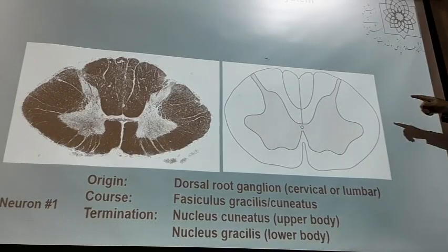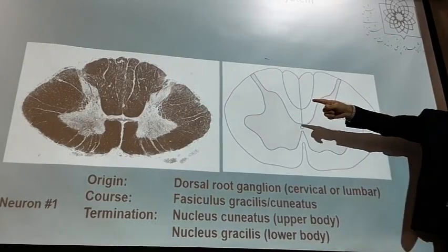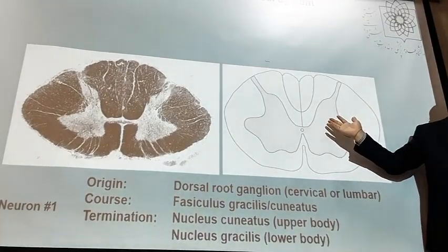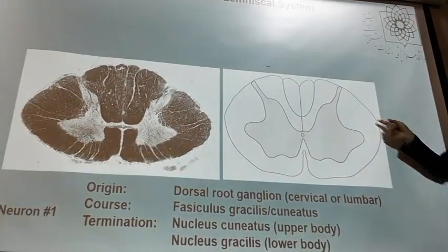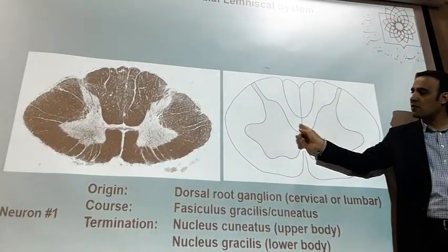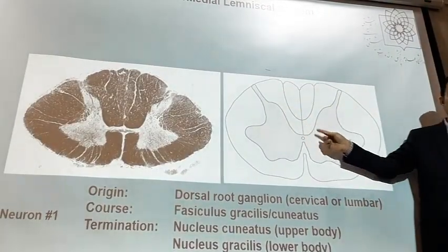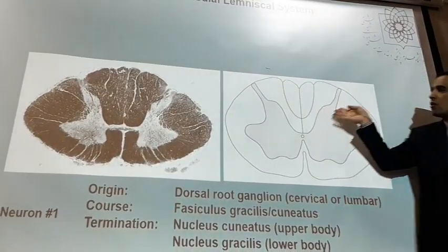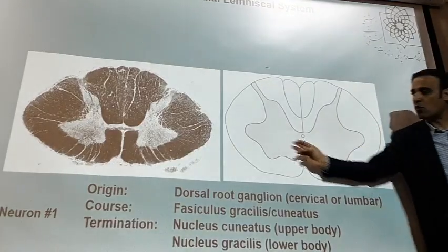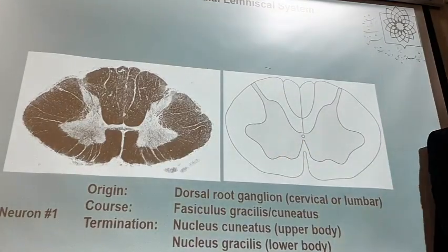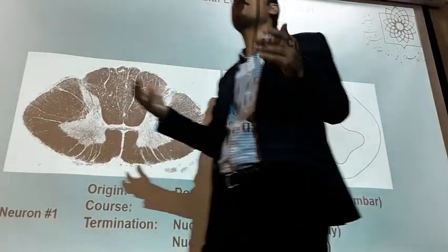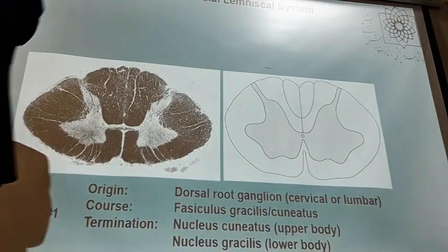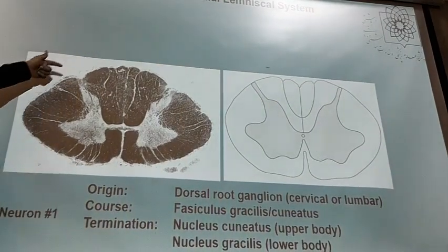This shows a real graph of the spinal cord and a schematic figure. In the schematic figure, you can see this is the dorsal column, this is the dorsal horn, and this is the frontal horn. In the dorsal horn, you know that sensory information enters the spinal cord here.